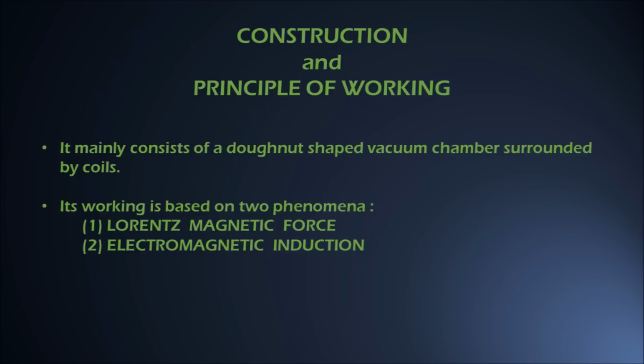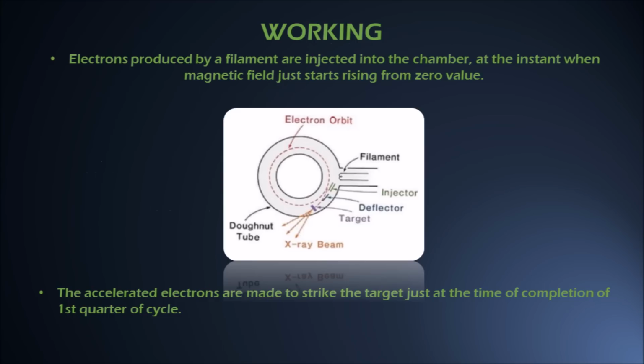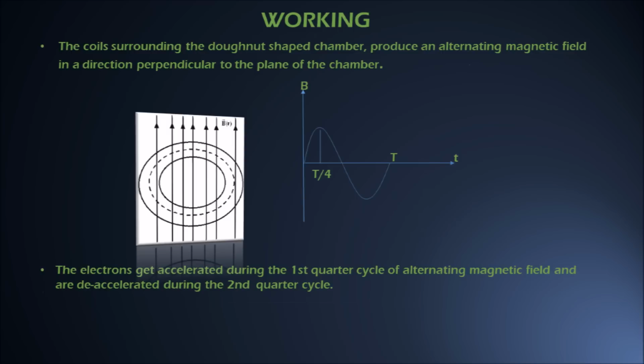Now let us see how to use a Betatron for accelerating electrons. During the first quarter of magnetic field cycle, the electrons are injected from the filament into the chamber at the instant when magnetic field just starts rising from its zero value.